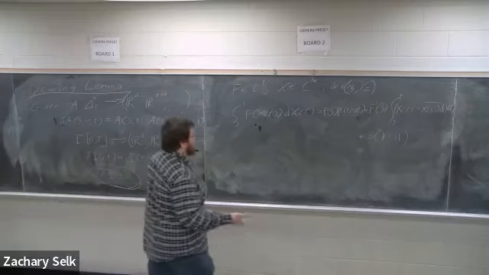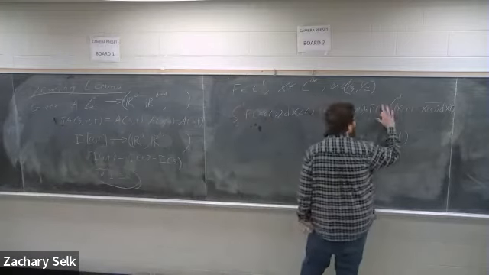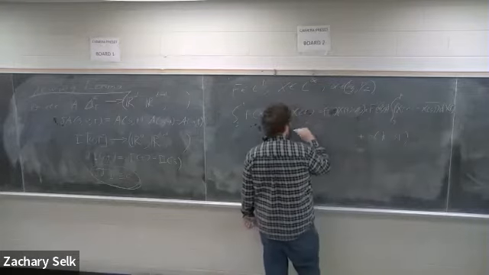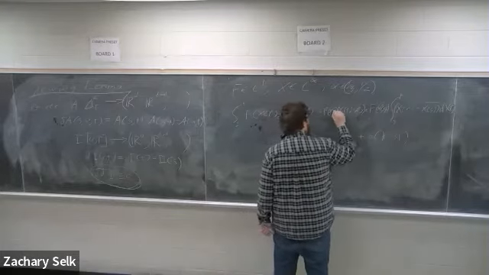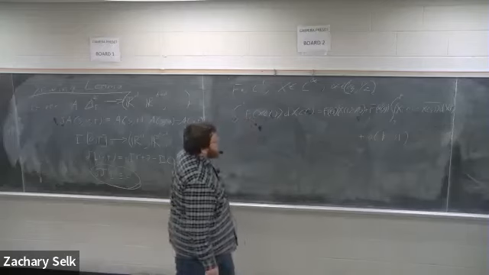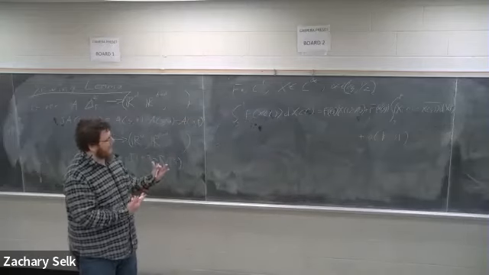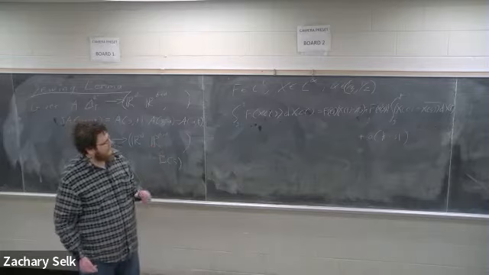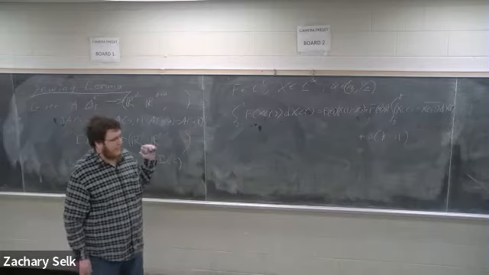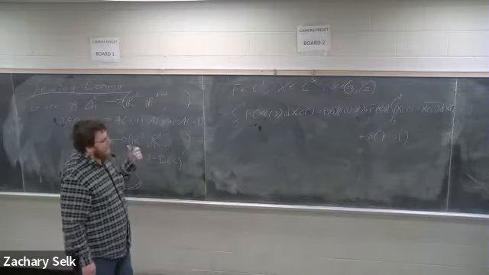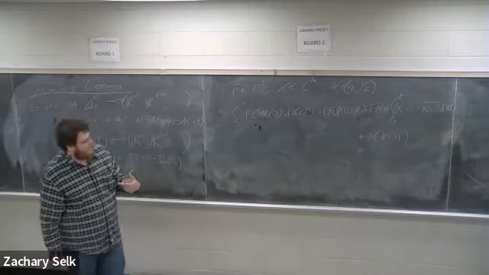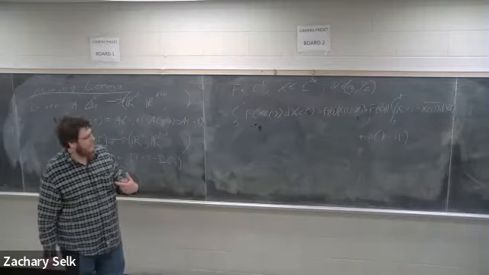X of s here, sorry about the confusion. So you have f of x of s times x of t minus x of s, plus f prime of x of s times this iterated integral, plus something that is little o of t minus s.